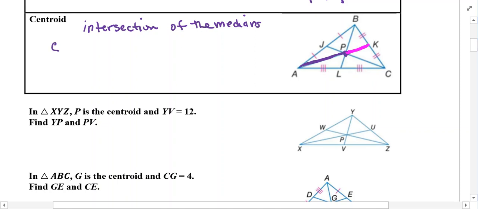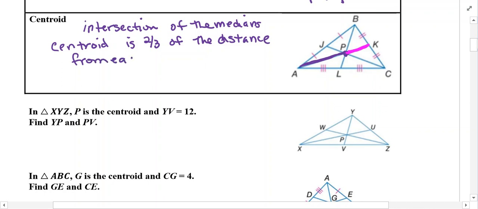So the centroid is 2/3 the distance from each vertex to the midpoint of the opposite side.